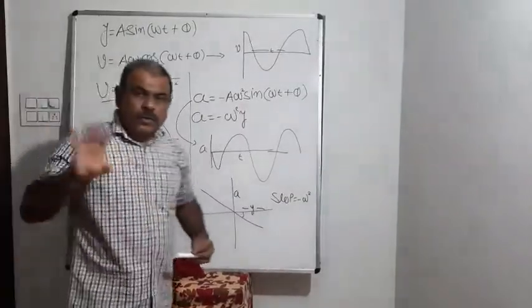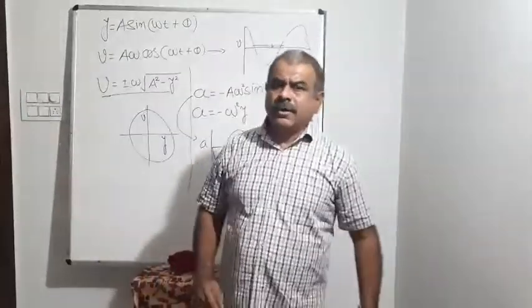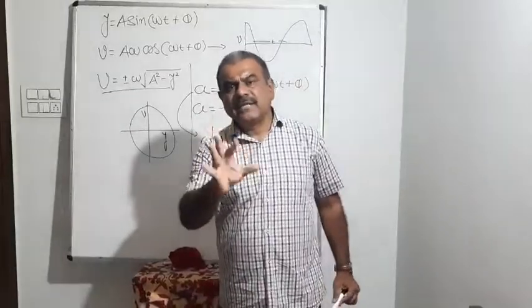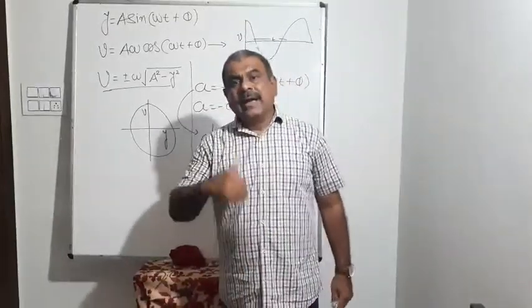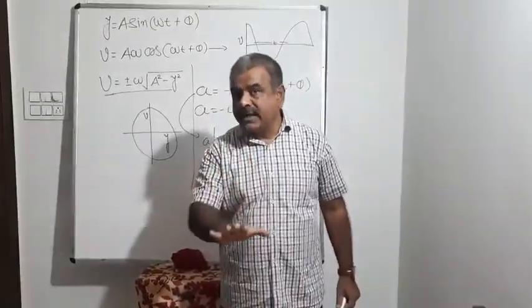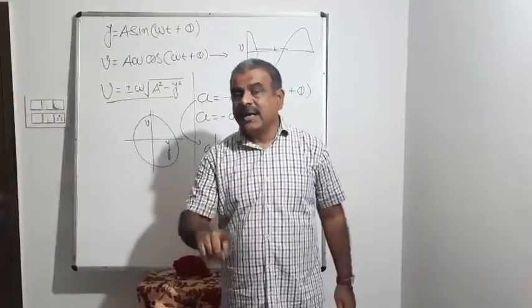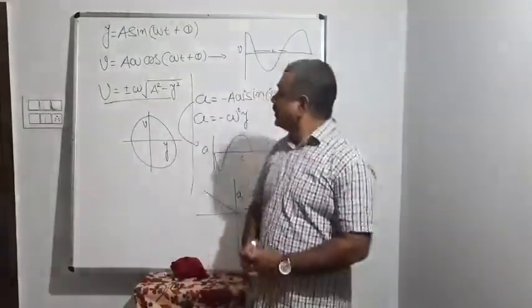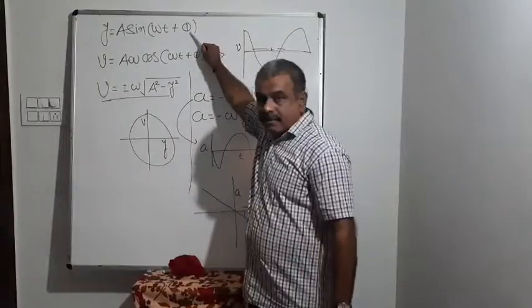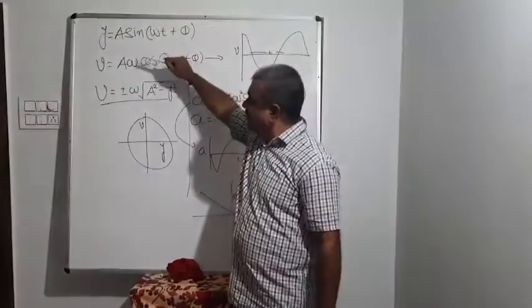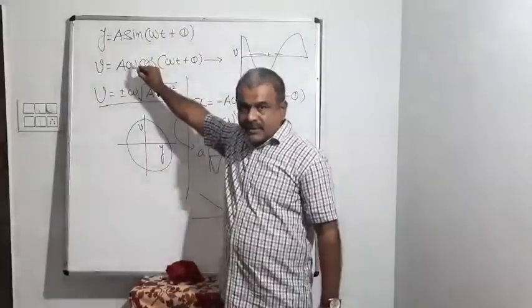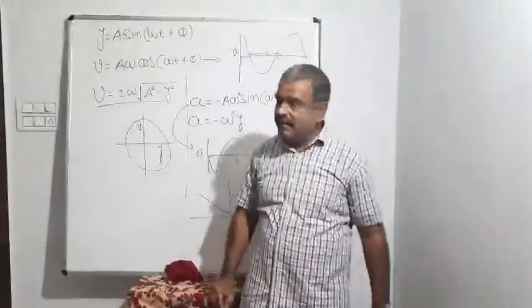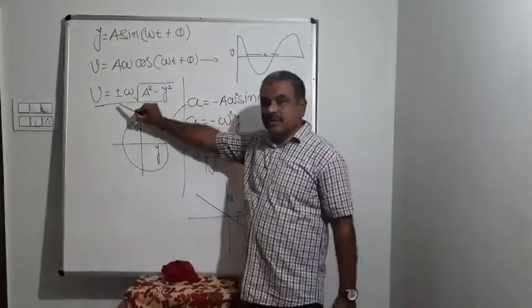Yes, students, whatever I have kept on the board is enough to create at least 50 MCQs. And in the last 3 or 4 years of NEET JEE, particularly NEET, there are lots of questions based on this. See, from the equation of position, we are having the equation of velocity. This is velocity in terms of time, velocity in terms of position.